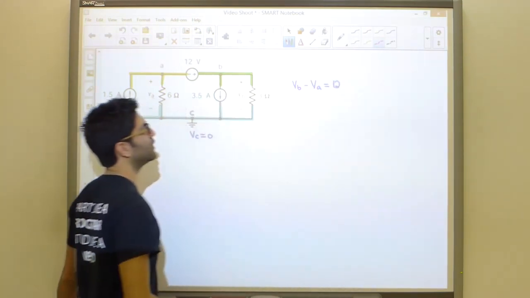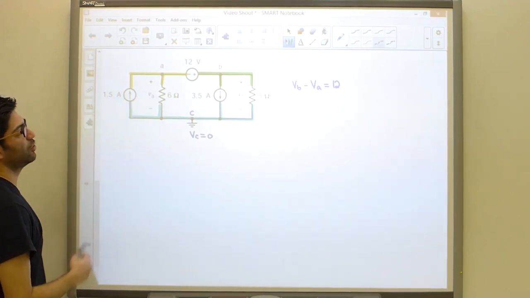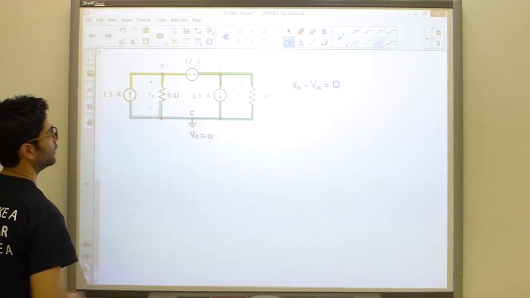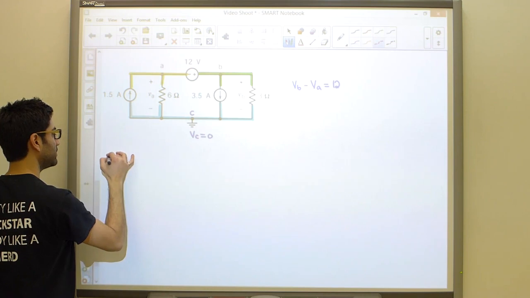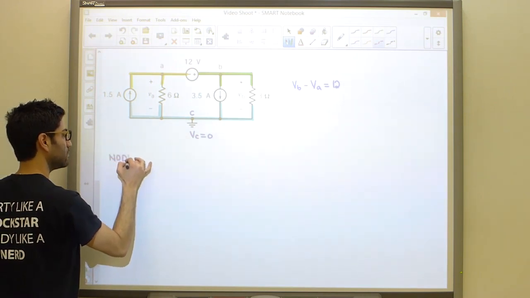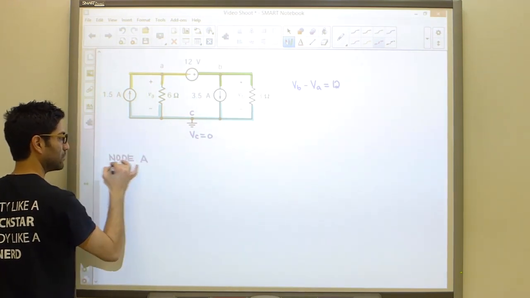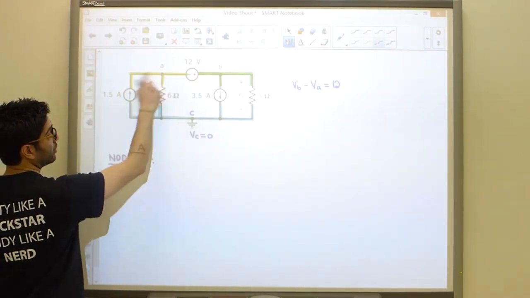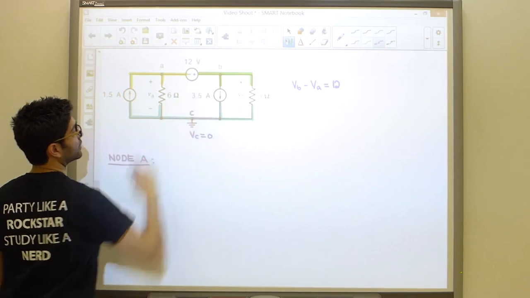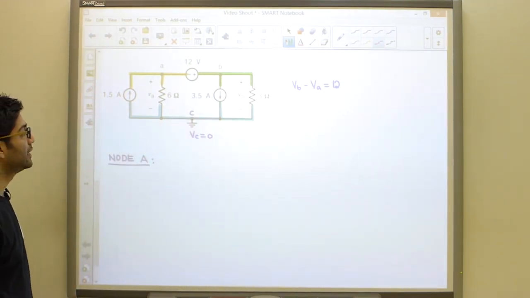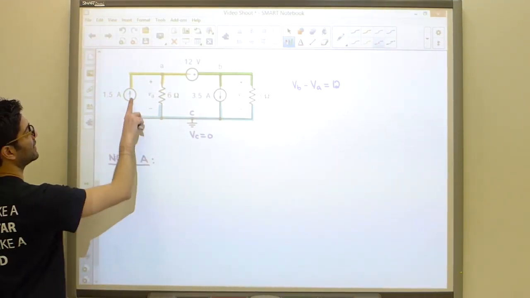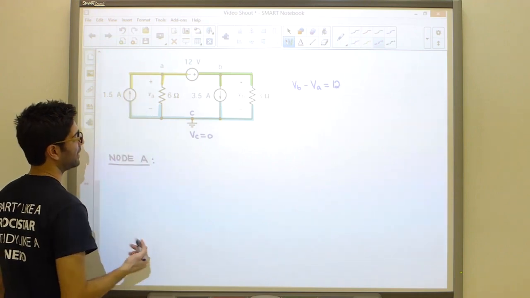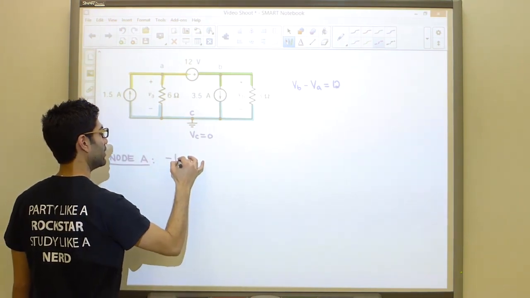And now you're going to start writing nodal equations for each node. So let's do them over here. If I take a look at node A, node A is connected to 1 and 2 and 3 branches, so 3 terms in my equation. I can see that this current is coming in, so if it's coming in, I don't like that. It's a negative term, negative 1.5.